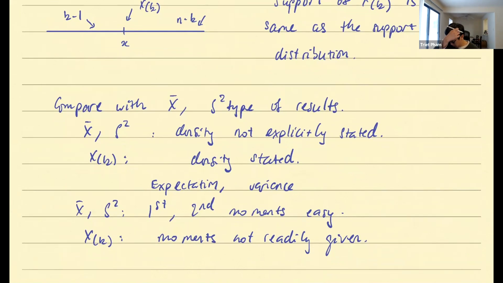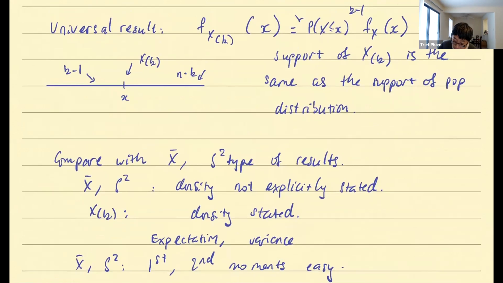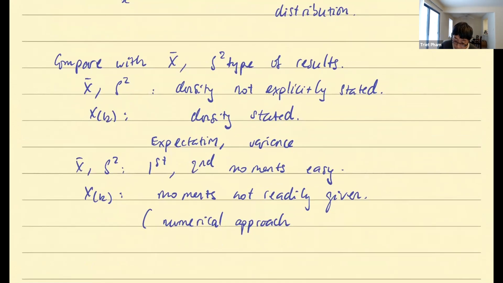Well, with that said, how would people even calculate the moments of order statistics if, like I said, it's not fun to do? Usually, a numerical approach, right, like a numerical integration. That's a topic of numerical analysis. That can be done because you set up an integral, and instead of calculating it yourself, you throw it to a computer and ask the computer what the result is, okay? Of course, you get an approximation, but it's a pretty good approximation.